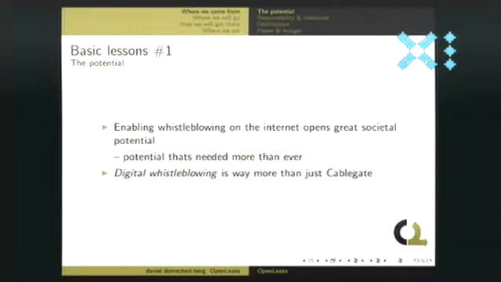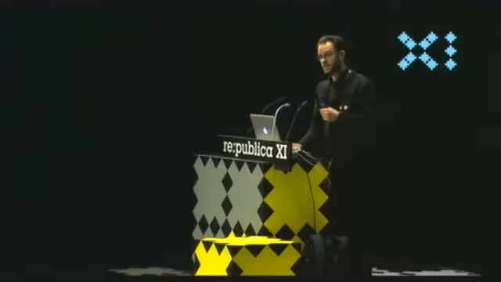Digital whistleblowing in that sense, so the whistleblowing that is happening on the internet, is much more than just Cablegate. That's what all the people that are not familiar with this topic, other than the more popular releases in the last months, have to understand. It's not just those big releases, it's actually the opposite.